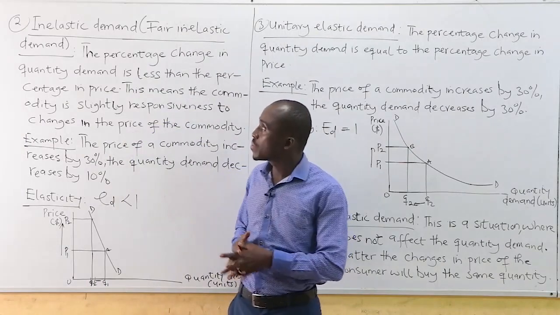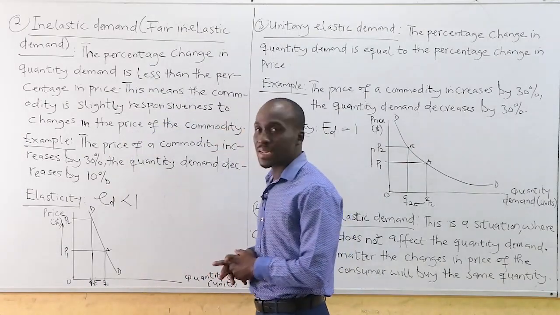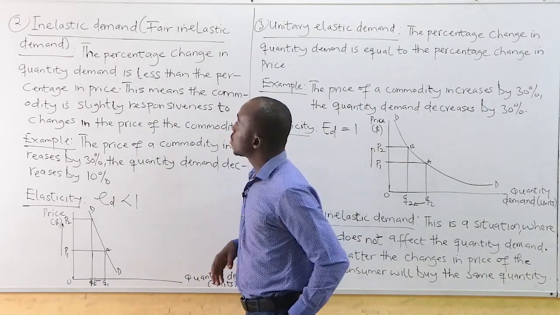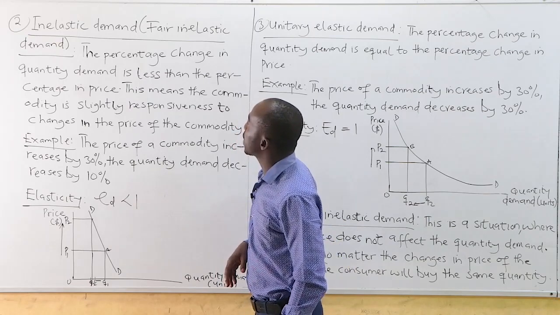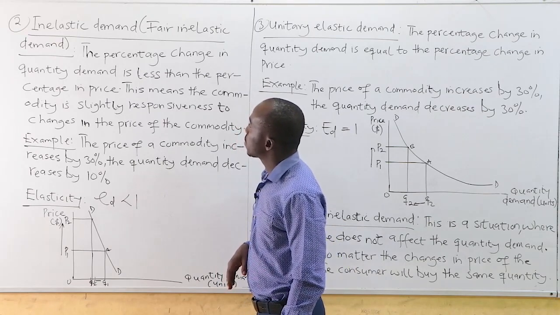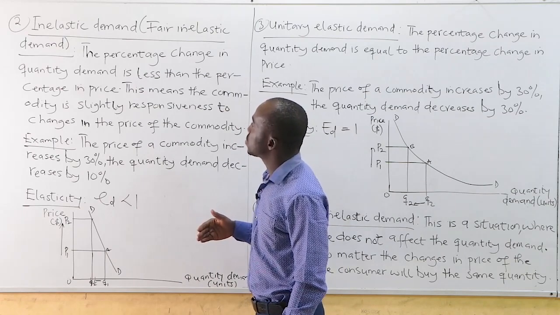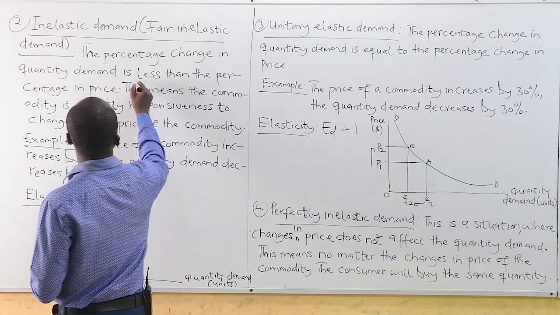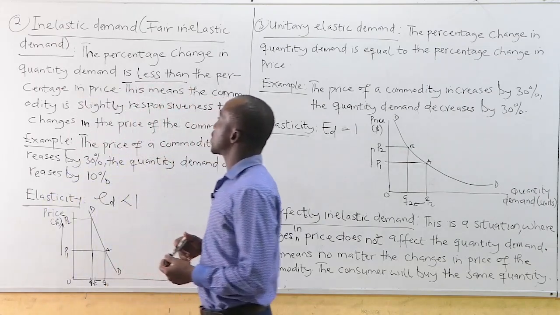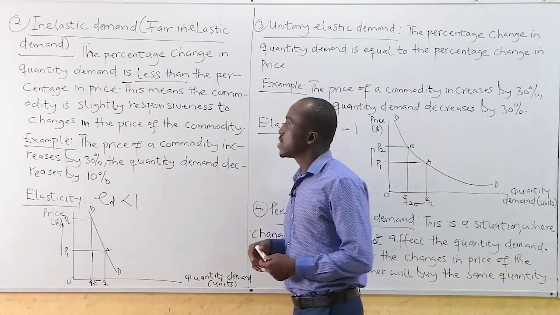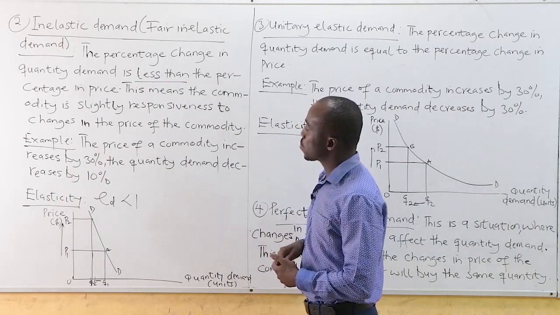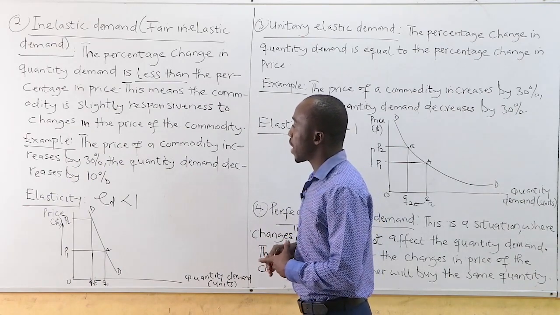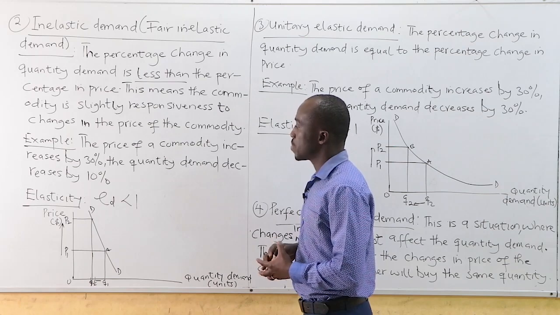So we are still looking at the types of elasticity. Now, inelastic demand, or fairly inelastic demand. What does it mean? The percentage change in quantity demanded is less than the percentage change in price. This means the commodity is slightly responsive to changes in the price of the commodity.